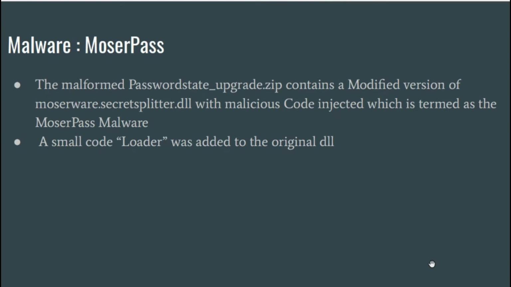It is nothing but a modified version of the original DLL with some malicious code injected into it, and they term this the MOSERPASS malware. The code is a small loader added to the original DLL, which tries to download a malformed second stager from the CNC, and loads it directly into memory.